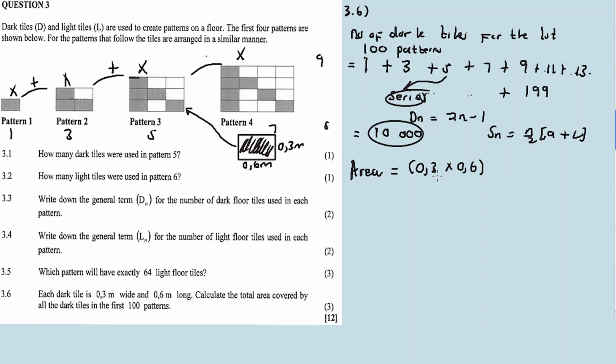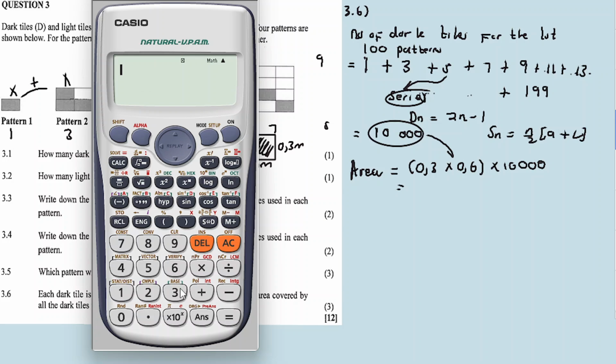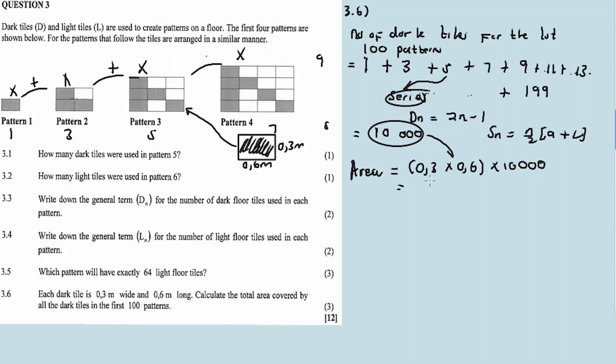So you must multiply the area of one dark tile by 10,000 to find the area for the first 100 terms. So our answer is 0.3 times 0.6 times 10,000, which is 1,800 square meters. So the dark tiles for the first 100 terms cover an area of 1,800 square meters, right?